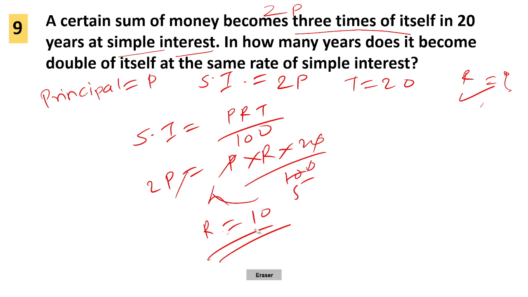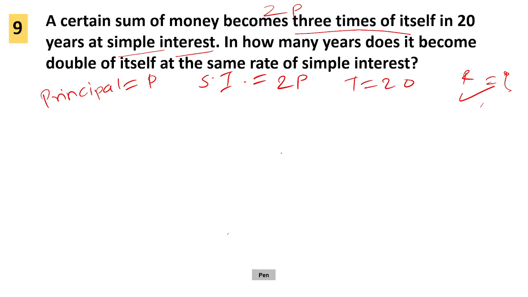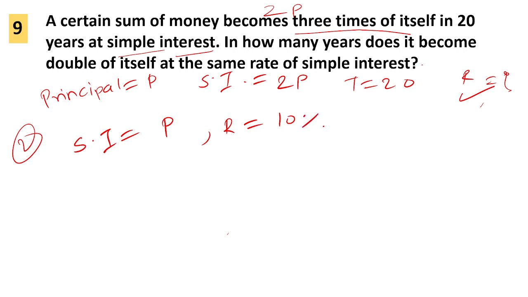Now the next condition. What we have to find? We have to find the double. What is the meaning of double? For double, the simple interest will be P, make one less. Next, what we got as R is 10%, and it becomes double of itself at the same rate. In how many years?